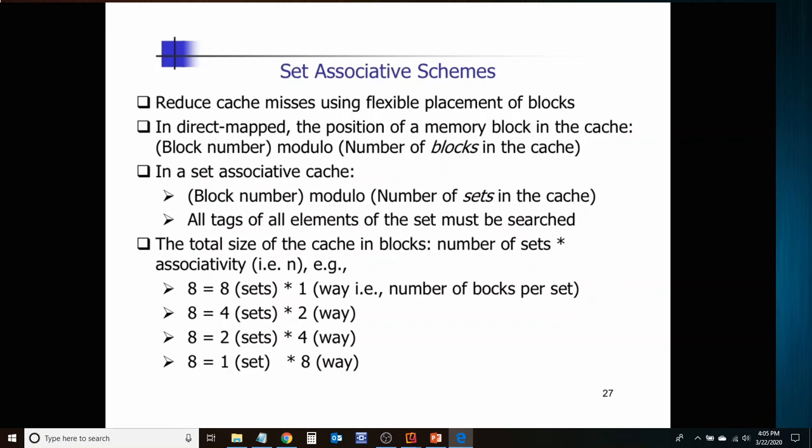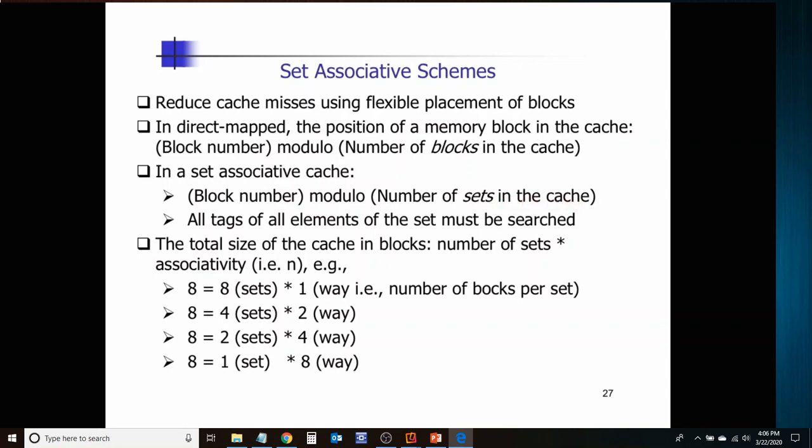So you might have seen a number of words in the cache in that one, but you could have more words per block. So this is a more general formula here. In a set-associative cache, the memory position is computed as this. You would have the block number modulo the number of sets in the cache.